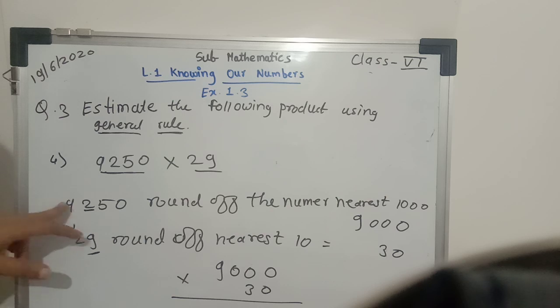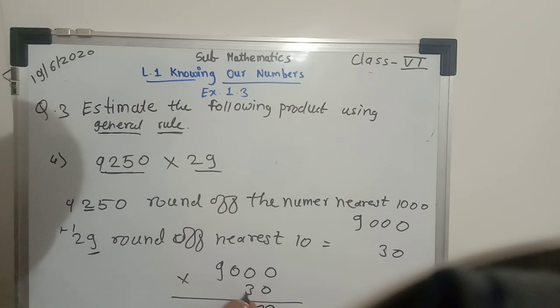If you round up this number to the nearest 100 or the nearest 10, your answer of the multiplication will change. Okay, so here you can decide to which nearest you have to round up. Okay, so here 4 zeros are there, so here I will write 4 zeros.